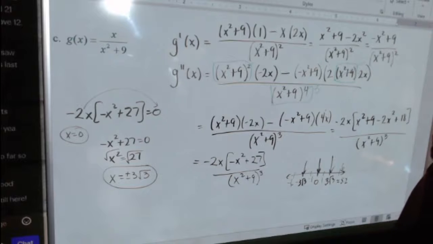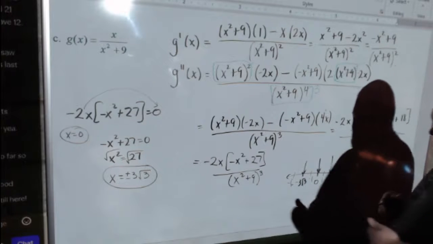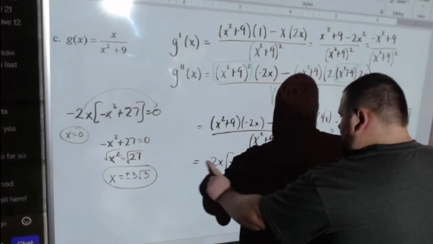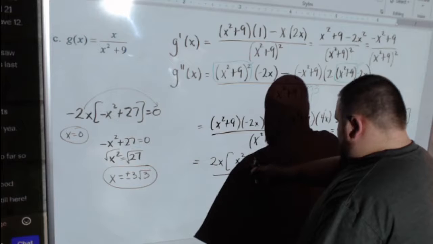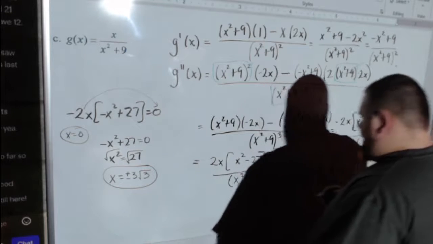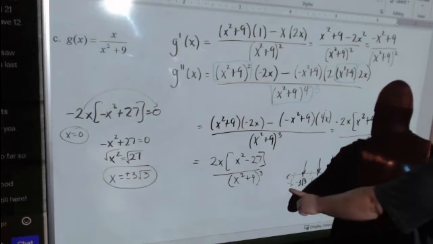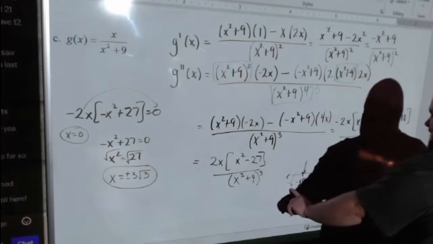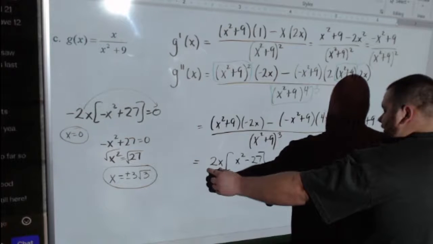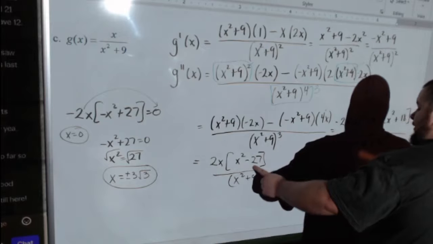So let's actually go ahead and multiply this negative back in. So the outside only depends on the sign of the number you plug in. So that would be 2 times negative 6. That number is negative. Negative 6 squared is bigger than 27.